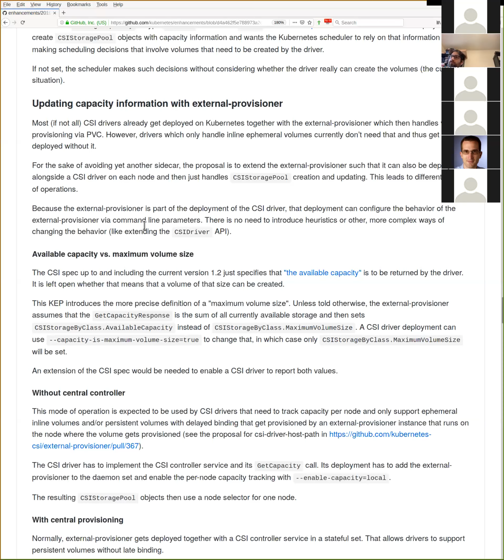That's correct. That problem doesn't get solved. Therefore, I think eventually we will need some better solution for handling these multi-volume pods. One idea that I had is that we allow PVC creation in a tentative way.